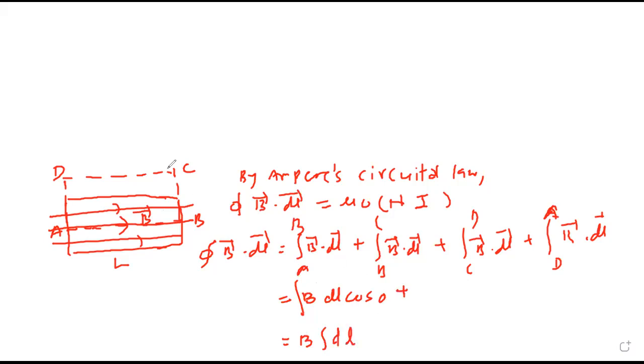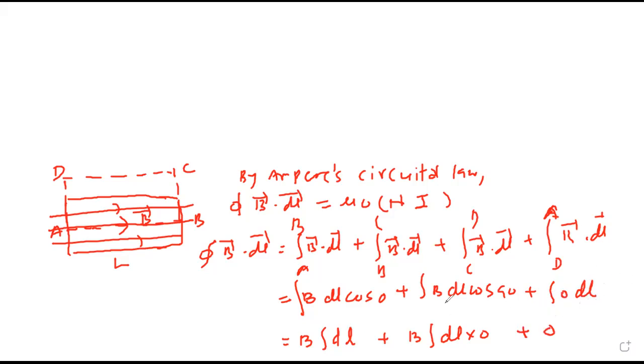Second one, for B to C, B dl cos 90 you will get, so that will be B into dl into cos 90, which is 0. Third one, C to D, field is outside, so it will be 0.